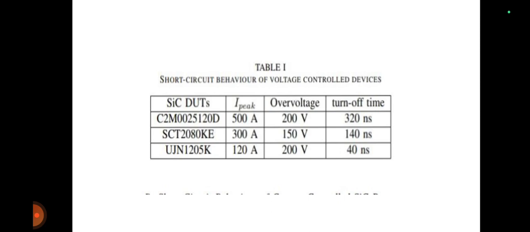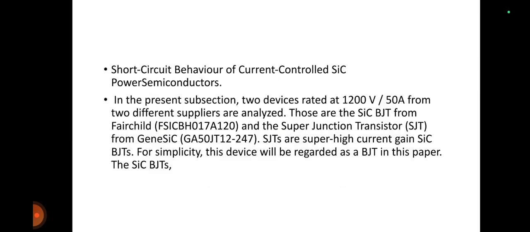For the SCT2080KE, peak current was 300 amperes, overvoltage was 150 volts, and the turn off time was 140 nanoseconds. And then for the UJN1205K, peak current was 120 amperes, overvoltage was 200 volts, and turn off time was 40 nanoseconds.